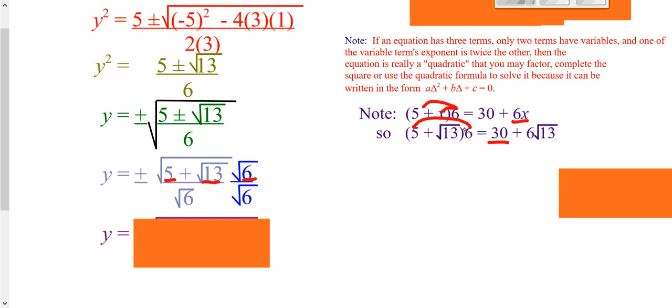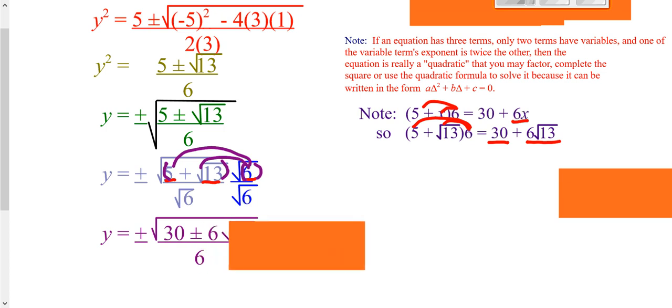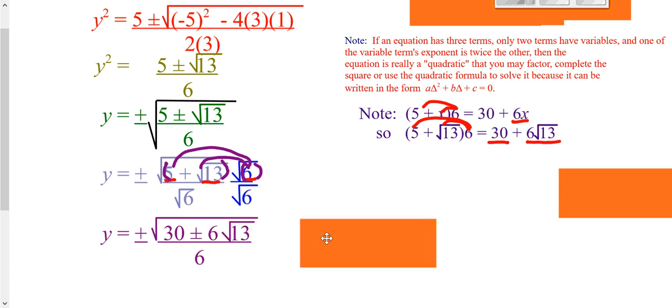So here it's going to be 6 times our root, so we get this. So when you're multiplying these roots together, you take what's inside of this root times what's inside of this root. So you distribute the 6 onto here, and the 6 onto your root. And so we get 30, 6 onto your root 13 over 6 on the bottom.